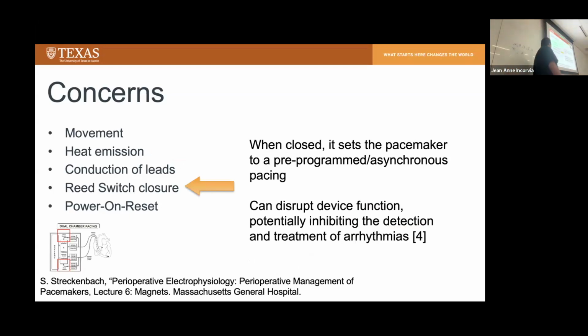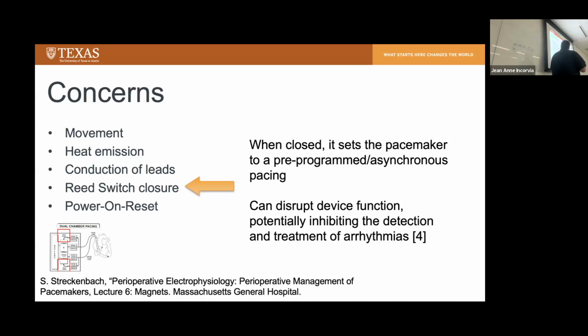As I mentioned, the reed switch, I know this image is very small, but essentially the reed switch, when it is closed, it provides sensing of the heartbeat so that it can determine what paces to make it at.